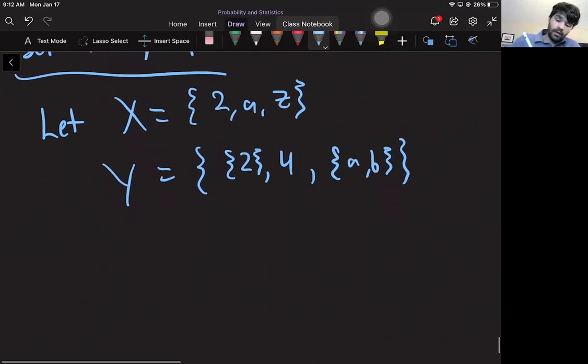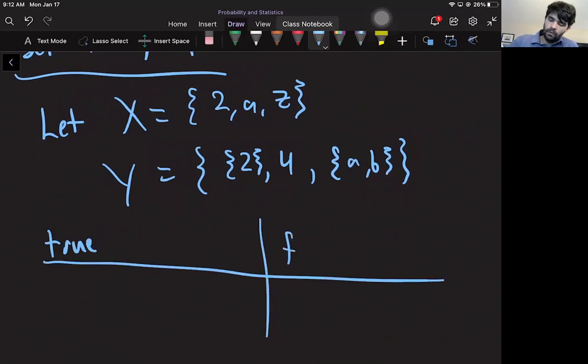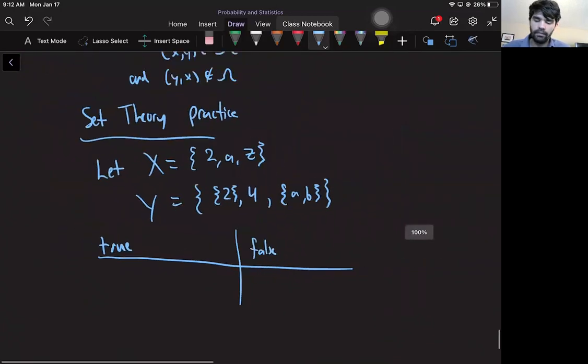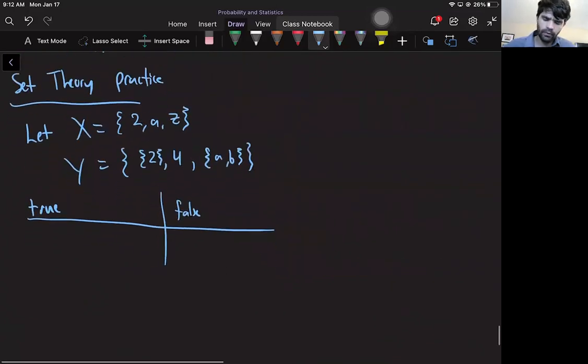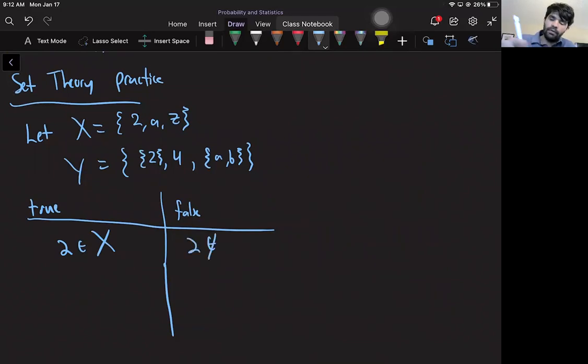So let's sort of just make a true false column to see types of things we could write. So for example, what's something that's true? 2, that is an element of X, but 2 is not an element of Y. So I should say actually this is false.